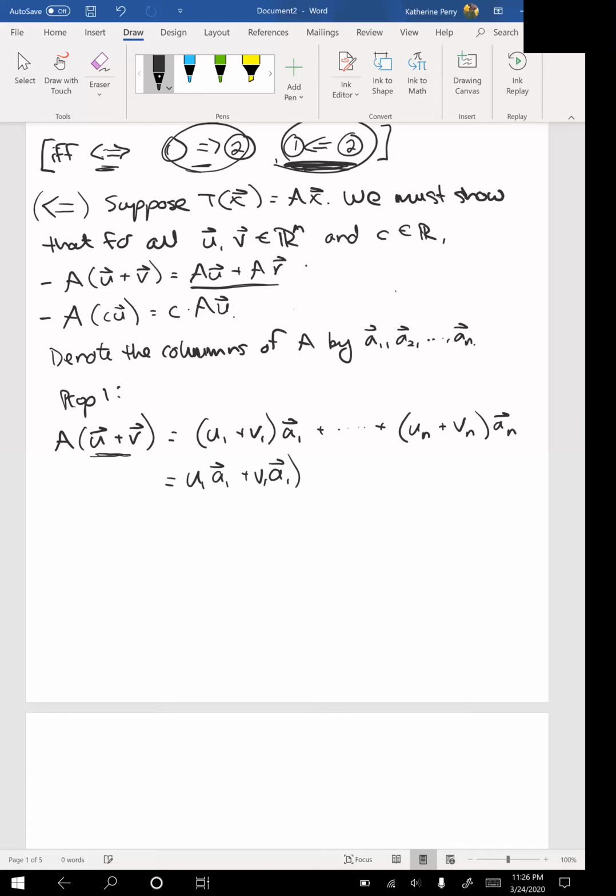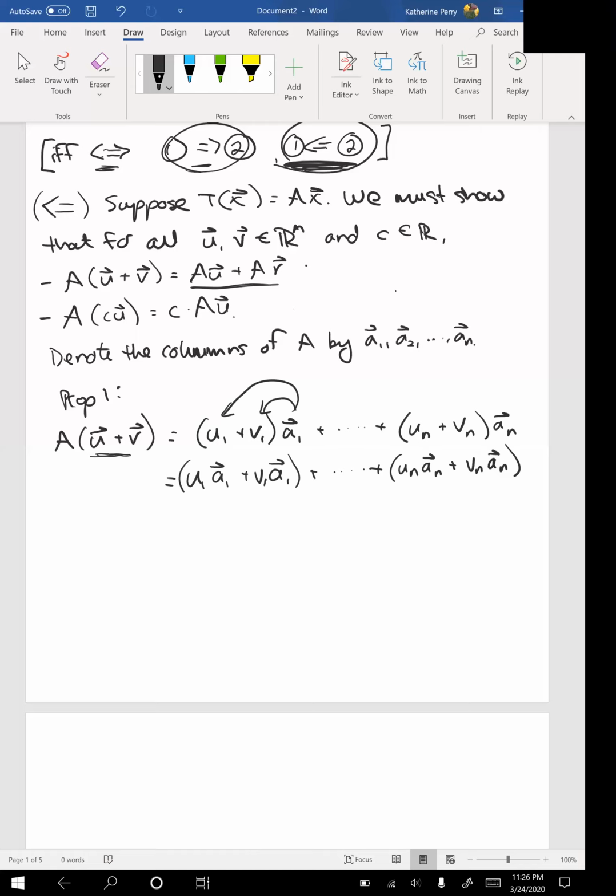Put that in parentheses. That's just me distributing this vector to both. And I can actually do that for each of my columns. And so I end with Un times An plus Vn times An.